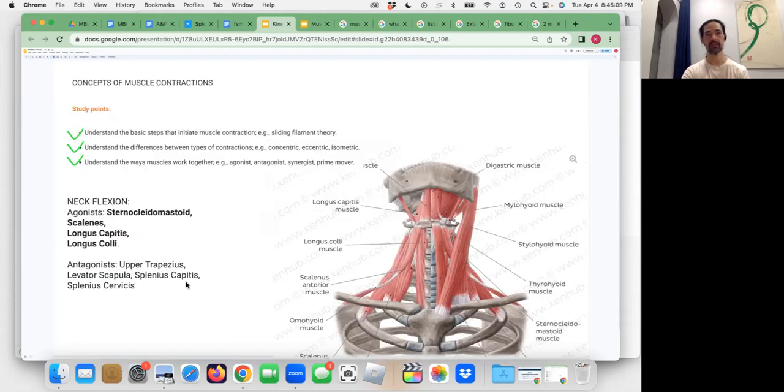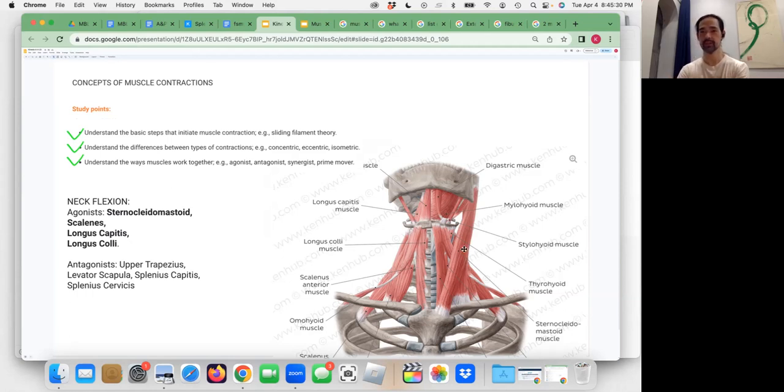So now we're going to get into agonist, antagonist, synergist, and prime mover, and then we're going to go through some questions from the FSMTB practice test. First of all, we're talking about neck flexion and neck extension.